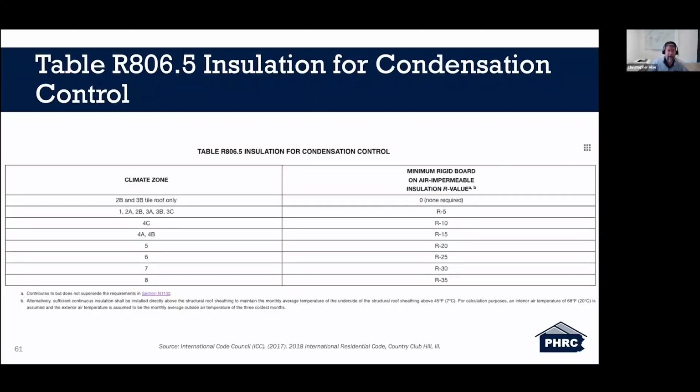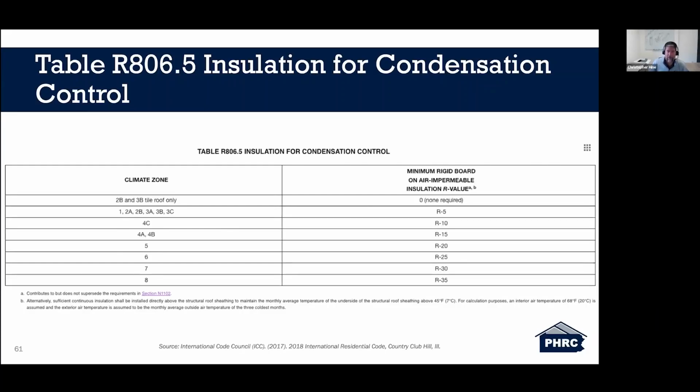So what we're looking at here is our climate zone over here on the left-hand side. Again, we're in 4, 5, and 6 here in Pennsylvania. And then this tells us over here on the right-hand side, our minimum R value for rigid board or air impermeable insulation, right?